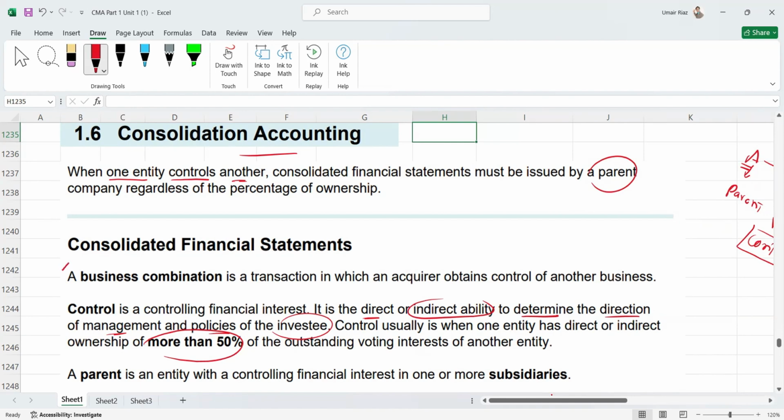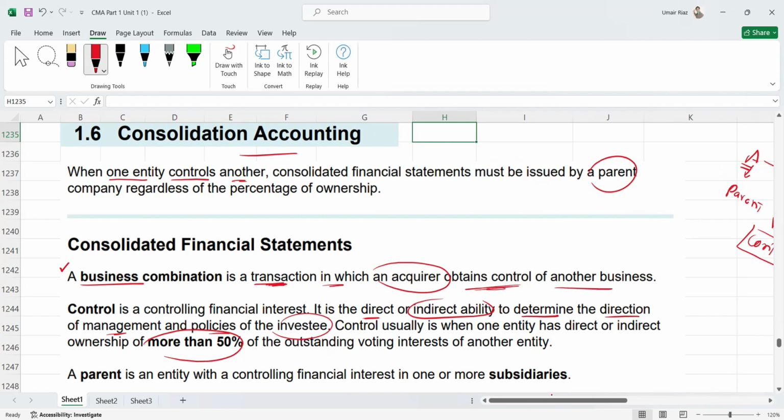Now let's understand the definitions in sequence. The first definition we are discussing is a business combination. A business combination is a transaction in which an acquirer obtains control of another business.